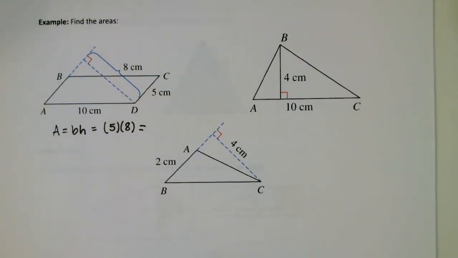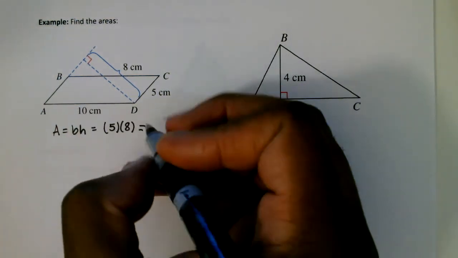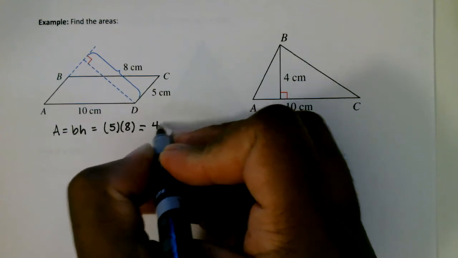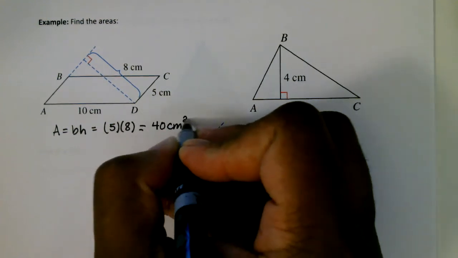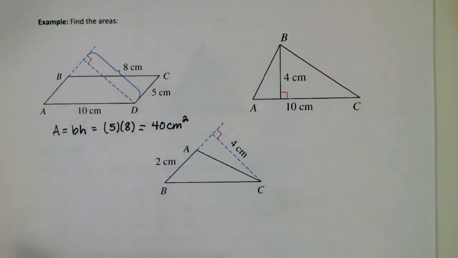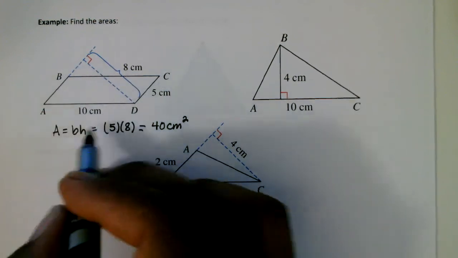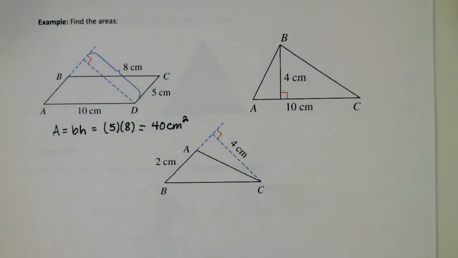So if I multiply 5 times 8, that would be 40. And that will be in square centimeters. We don't worry about this 10 centimeters right here. That's just extra information. The 8 is the height, but this 10 centimeters is just extra information that they give you, which is not necessarily needed.